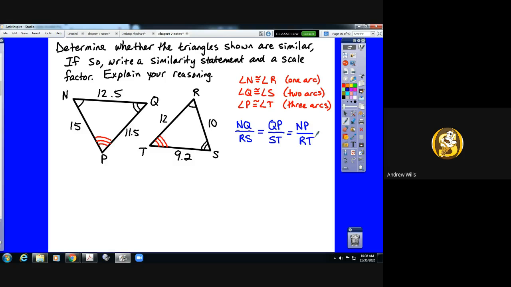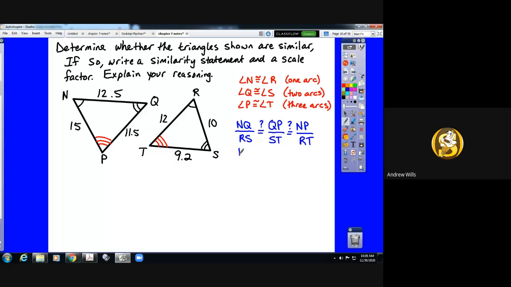Now, how did I get those? NQ are the first 2, RS are the first 2. QP are the second and third, ST are the second and third. NP are the first and last, RT are the first and last. Now we have to check that proportion. So we're putting question marks in there because we have to make sure that that proportion is true. Okay? So what we do is we plug all of the side lengths in.